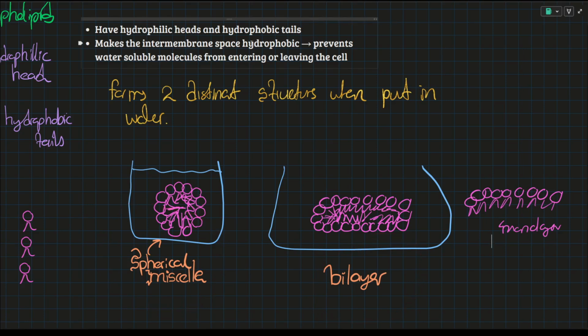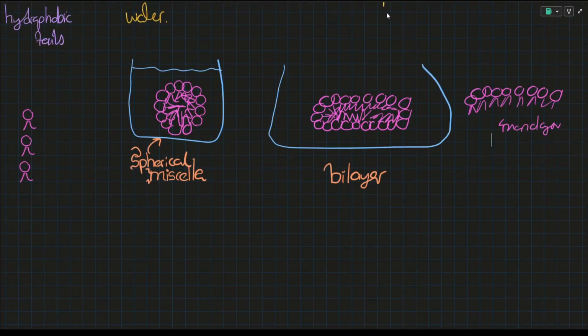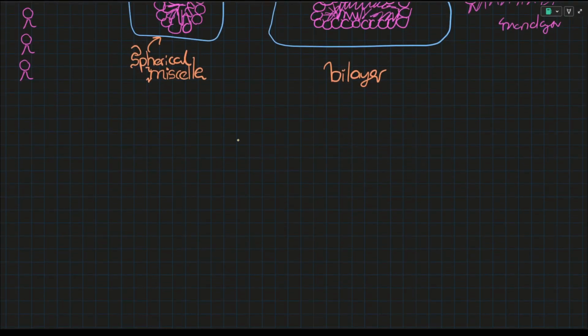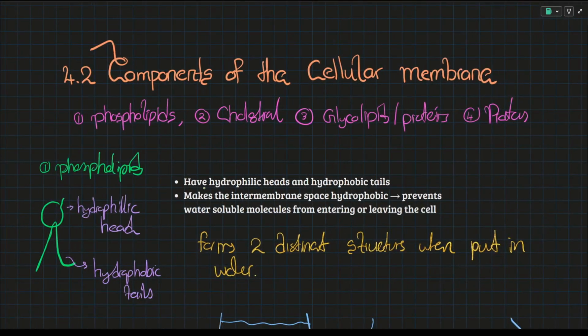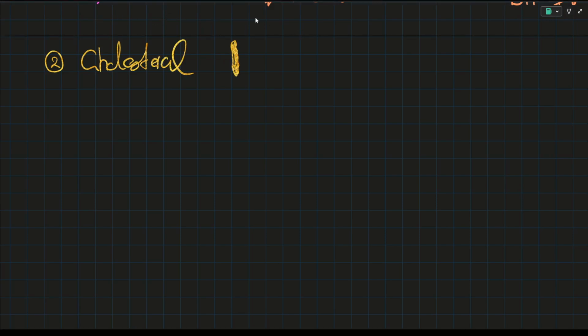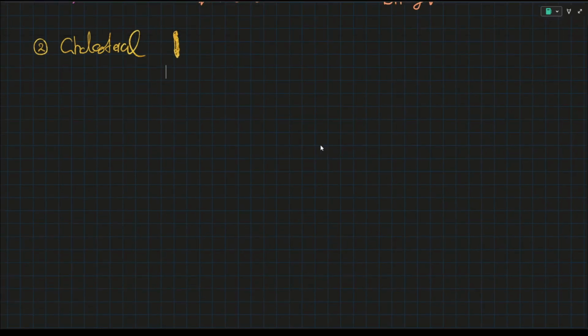Now let's move on to cholesterol. This is going to be an interesting one. Phospholipids, number two, cholesterol. I drew cholesterol just like this amongst the bilayer, and this is going to play a crucial, very important role in the fluidity of the membrane.